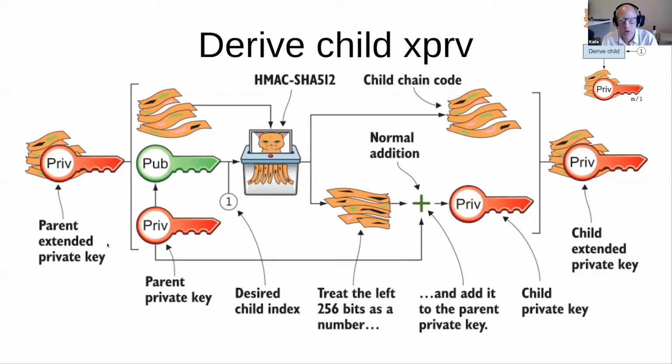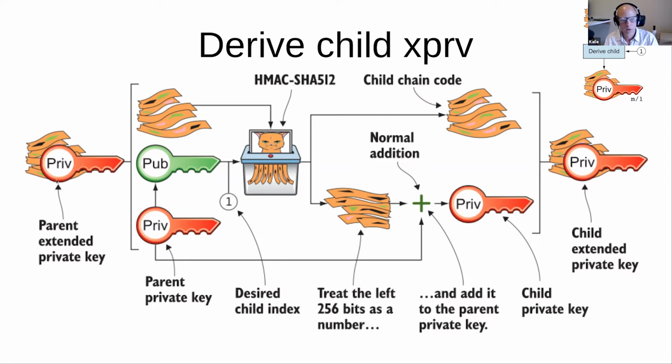So again, we will start on our left here, which is our parent extended private key. And this is the same algorithm that is used for all child derivations, not just from the master. So this can be the master extended private key, or it can be any child extended private key in the tree.